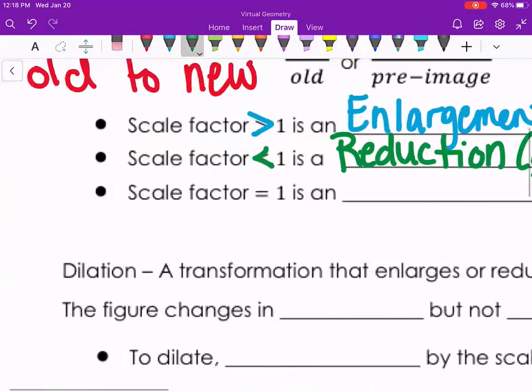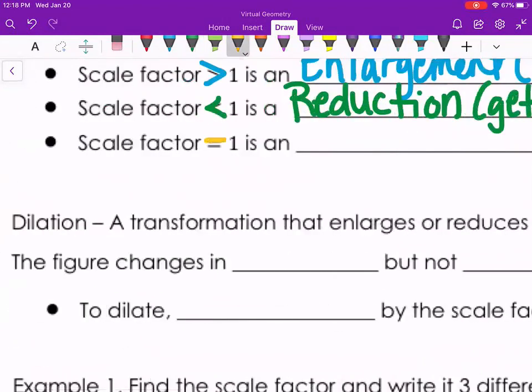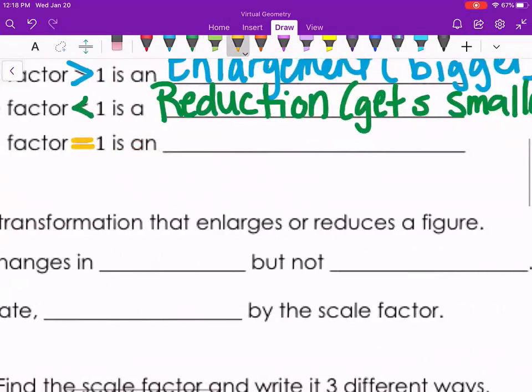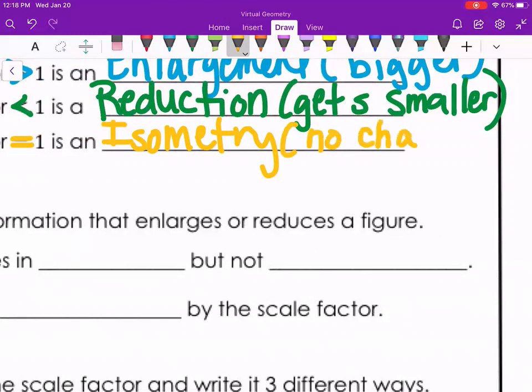Sometimes you might have a scale factor that is exactly 1, which is what we call an isometry, which really just means there is no change from one shape to the other. They are congruent. This is where you get your congruent figures, from isometries.